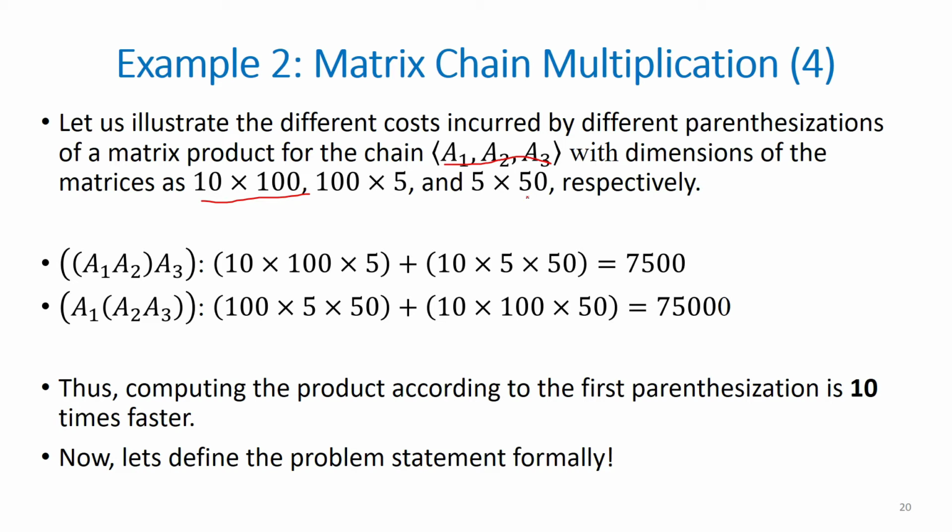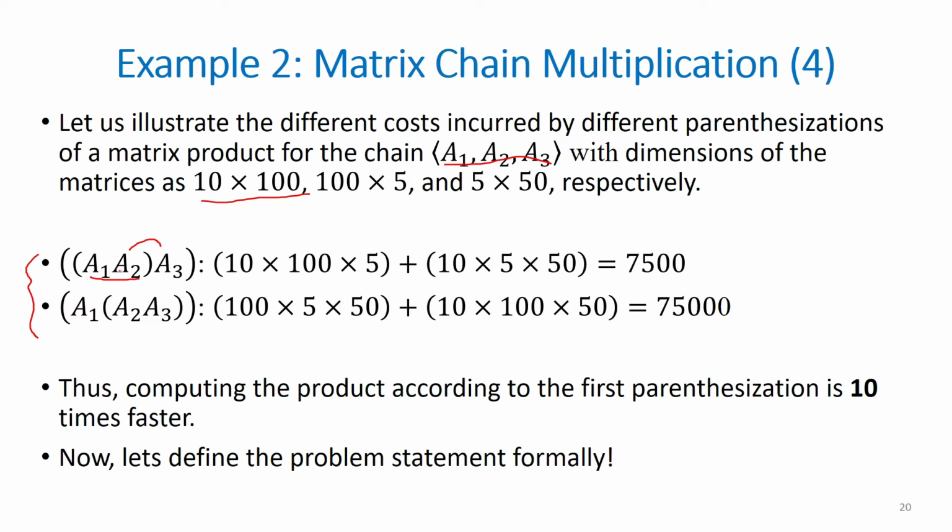There are only two ways to fully parenthesize these three matrices. These two are shown over here. In the first parenthesization, the product of A1 and A2 is computed first. The product of these two matrices is then multiplied with A3 to give the final solution.